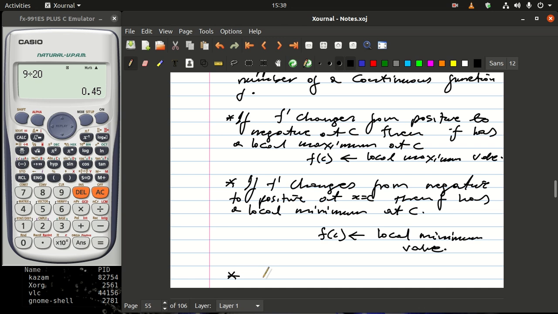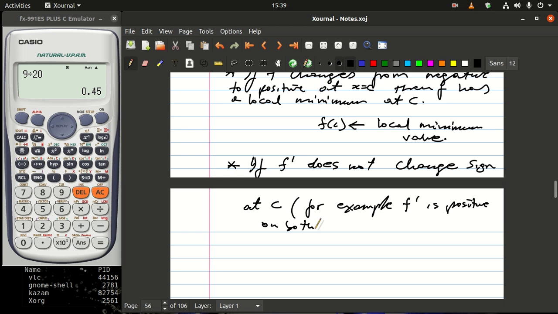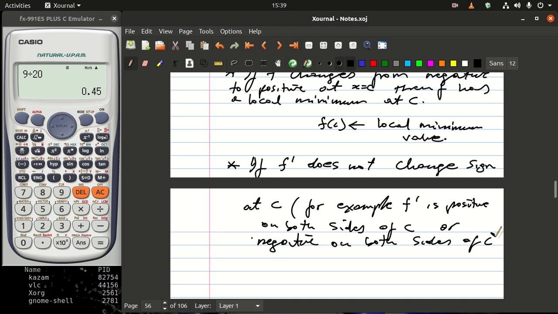And then the last one is, if f prime does not change sign at C. For example, f prime is positive on both sides of C, or negative on both sides of C. It does not change sign.